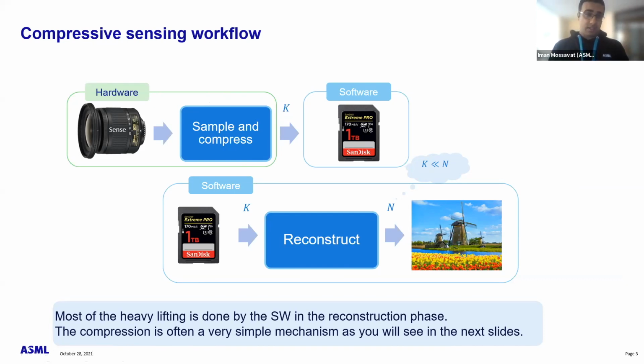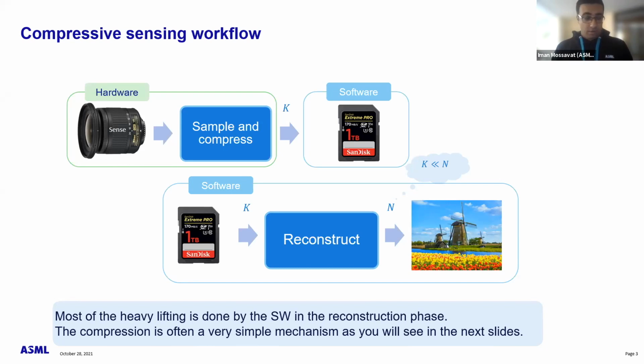For example, outside ASML, you can think of the Internet of Things, where you have cheap sensors or sensors that have limitations in their bandwidth and their energy usage. What you want is very low energy hardware, and then to push all the complexity to the reconstruction side.